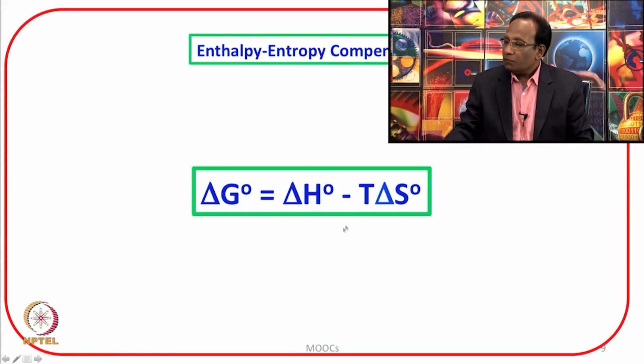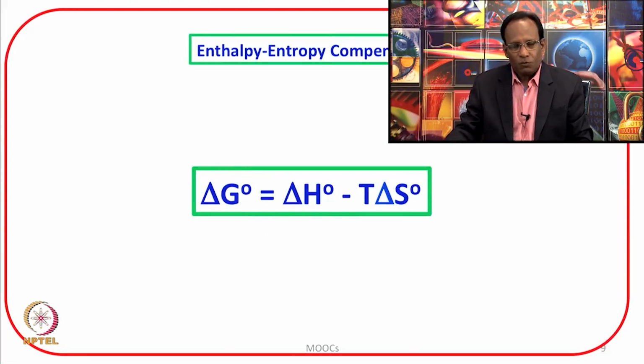Okay, if we get a sufficiently negative value of delta H naught, but that is offset also by the negative value of delta S naught, then overall the net effect on delta G naught will not be significant. In other words, if the enthalpic gain is being offset by the entropic loss, then in pharmaceutical industries it will lead to frustration towards getting more affinity.